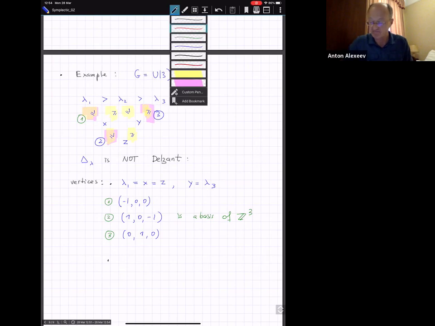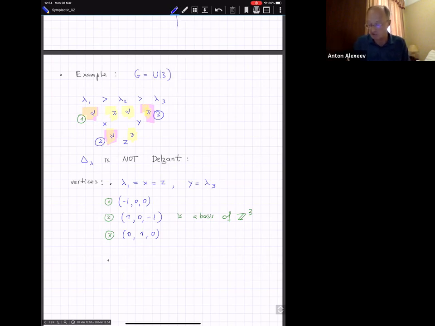However, there is one bad corner, which is x equal to lambda 2 equal to y. This is because if x and y are equal to lambda 2, then necessarily z is also equal to lambda 2.